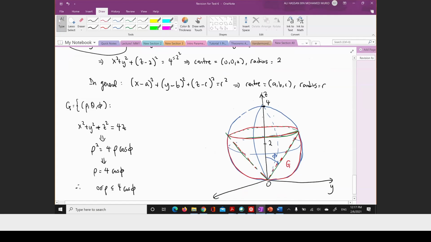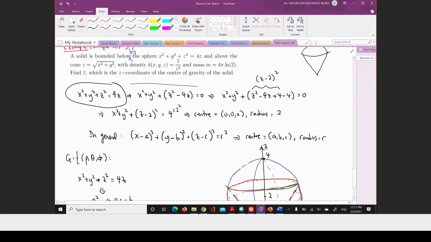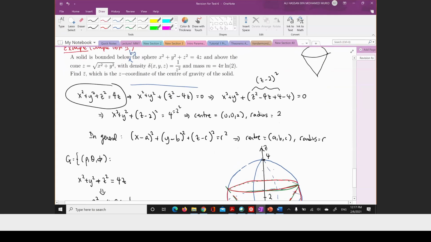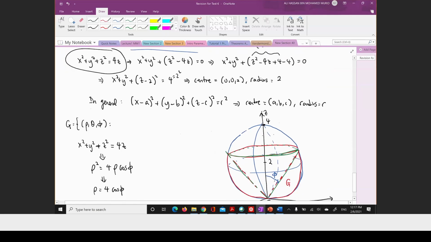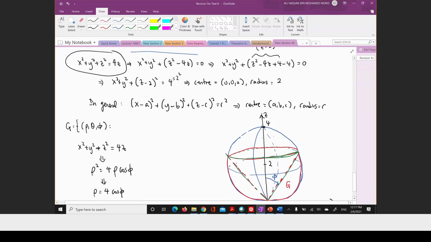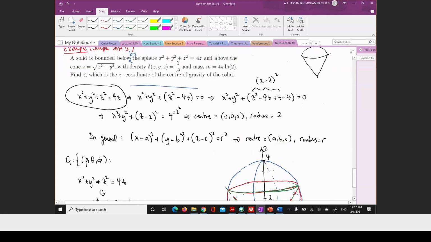Is above the z axis? So it's above the cone. No, it is bounded above. There should be the word by here. Bounded below the sphere and above the cone. Really?